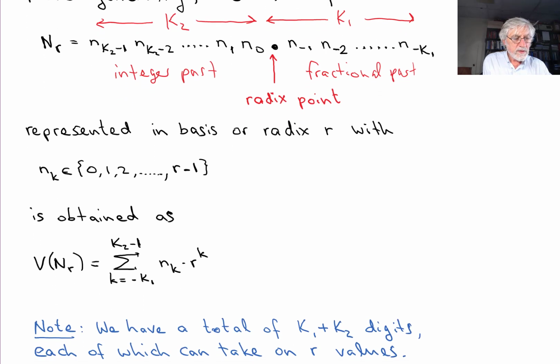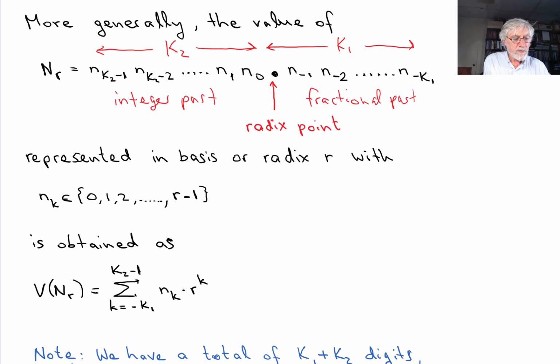And then the value of this number, of this n sub r, is computed as v of n sub r equal to the sum from little k going from minus capital K1 all the way up to capital K2 minus 1, of n sub k times r to the k, where both of those k's are little k's.